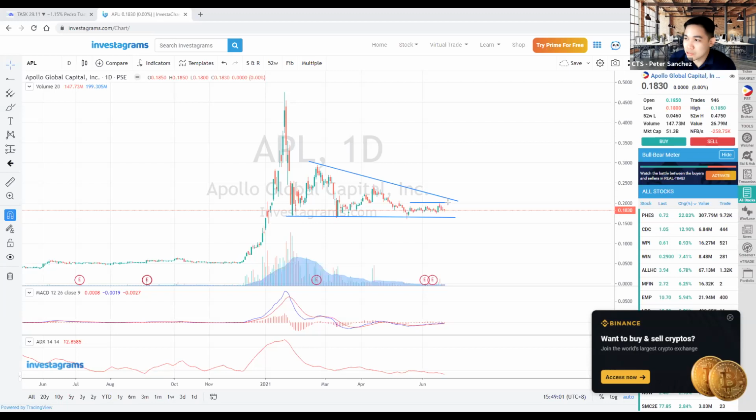But for now, medyo it's still consolidating. Dahil nagko-contract yung price niya, volatility, there's a good chance na mag-breakout rin to. So, I think want to watch, but at the same time, kung mag-breakout na lang. If you're a more longer term trader, possible setup to for you. Pwede itong reset. Again, tuturo to baka bukas.